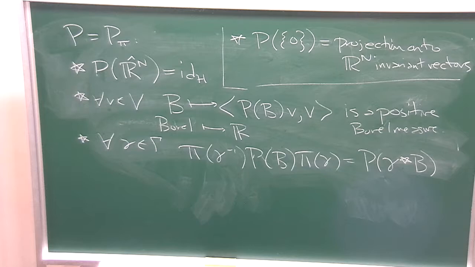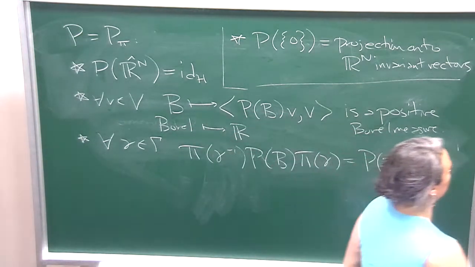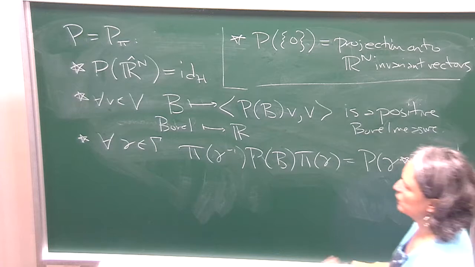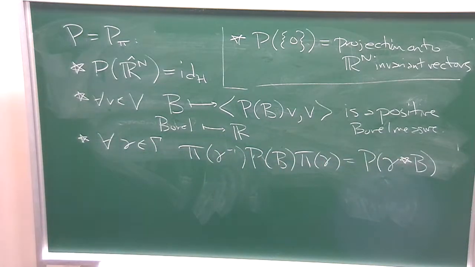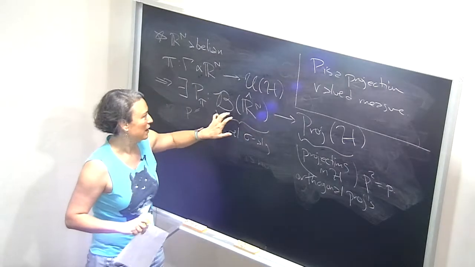Yeah, so let's pause a moment and try to unpack a little bit of what this projection valued measure is doing. It's a map from the Borel sigma algebra. I've said it 10 times. I'm going to say it one more time.